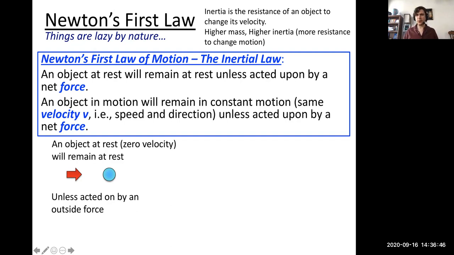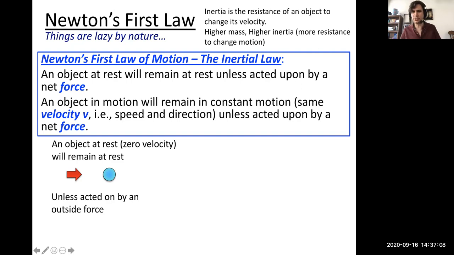I would have no problem if there was a toy pickup truck barreling down the street at me. I would have no problem sticking out my foot or just sticking out my hand and stopping that toy truck. It has low mass, low inertia, so I can easily change its motion from coming right at me to stopped.